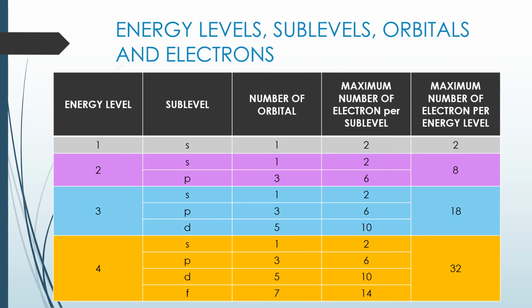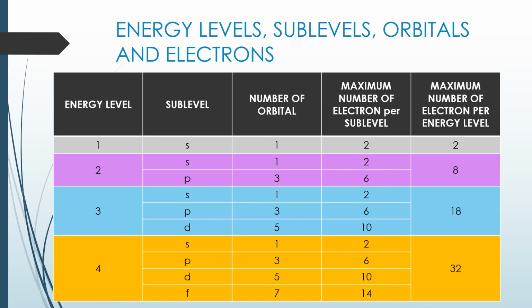For the fourth energy level, we have 4 sublevels also. S, P, D, and F. Again, S has 1 orbital, P has 3, D has 5, and F has 7. S has a maximum of 2 electrons.